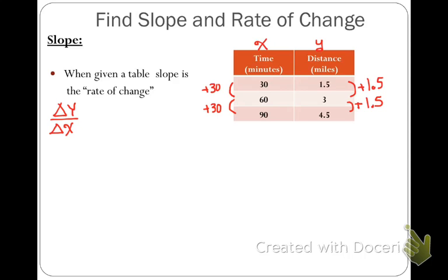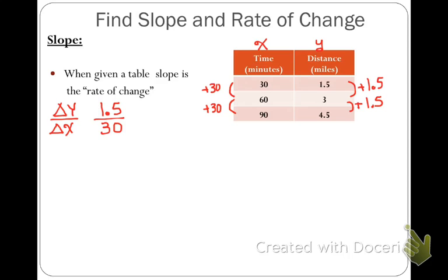You're looking for a constant rate of change in y over change in x. So we said my change in y is 1.5 and my change in x is 30. So if I was going to figure out what this means, I would look at what my x and y values mean.